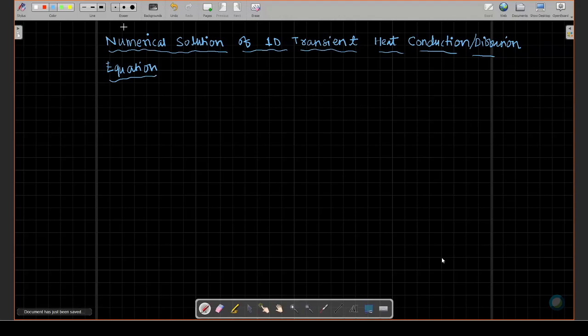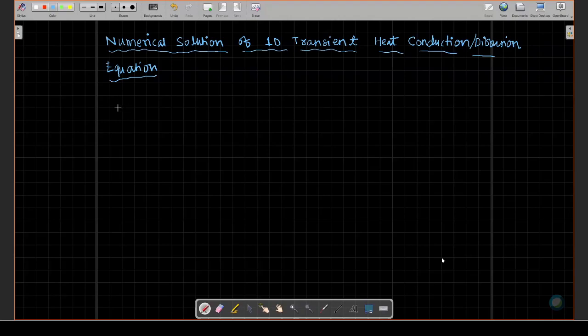So in the beginning, we started with numerical solution of 1D wave equation. Then we saw the stability analysis of schemes, including von Neumann stability analysis. And now we are moving to numerical solution of 1D transient heat conduction diffusion equation. So what is that governing equation?